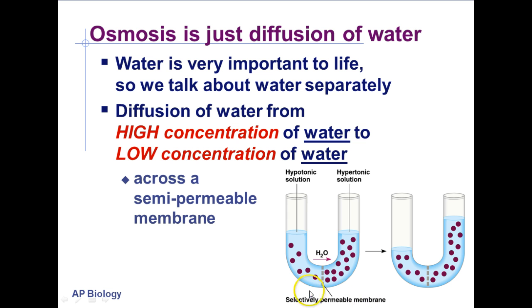So this selectively permeable membrane then, see the little spaces in the channel or in the membrane? Those particles can't fit in there. So while these particles can't flow between the membrane, water still can, because water is always permeable.